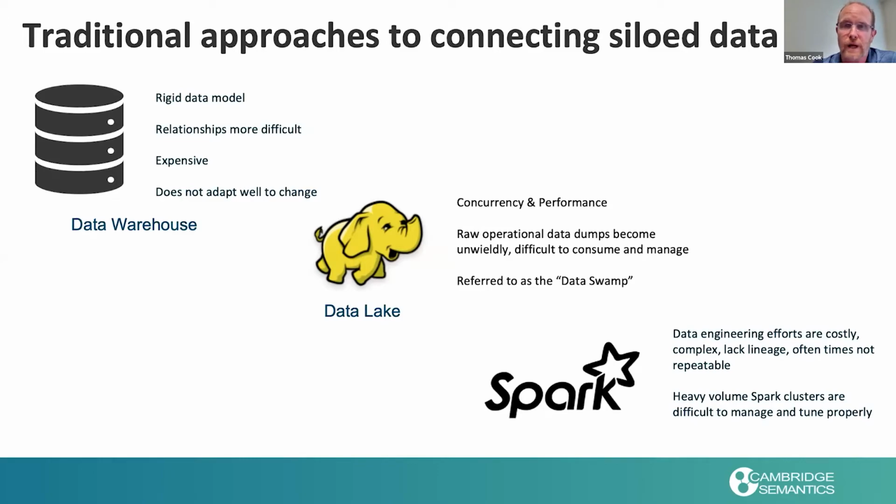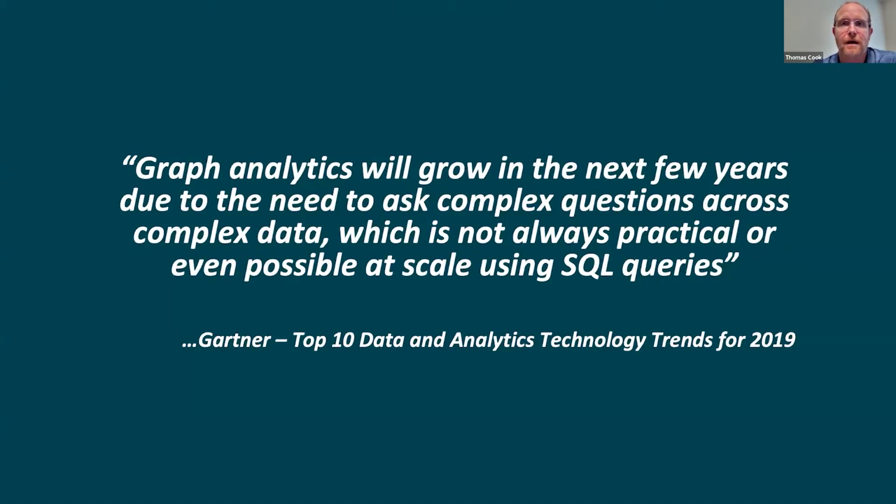So how do we create a repeatable way to get the answers that we need? Gartner last year in their top 10 trends of 2019 had this quote. They said, graph analytics will grow in the next few years due to the need to ask complex questions across complex data, which is not always practical or even possible at scale using SQL queries.